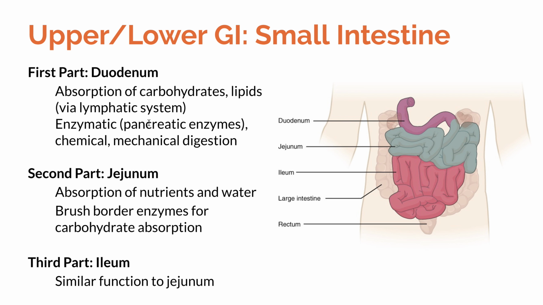And the enzymes are going to be provided by the pancreas, and they're called pancreatic enzymes. The second part is going to be absorption of mainly just nutrients and water. The second part also has something called brush border enzymes, and they're important for carbohydrate absorption. And the last part is very similar to the second part of the small intestine.